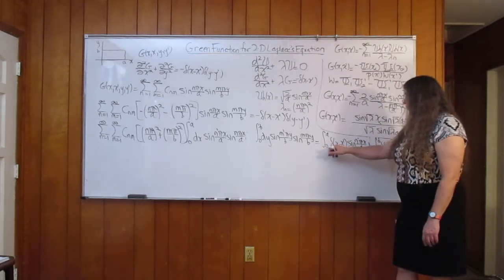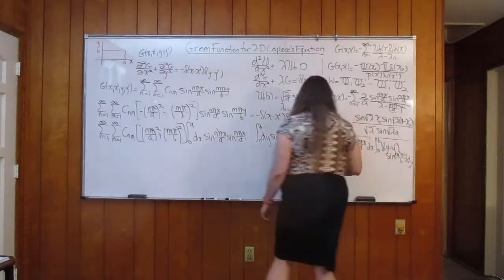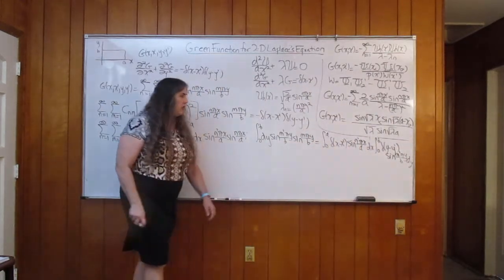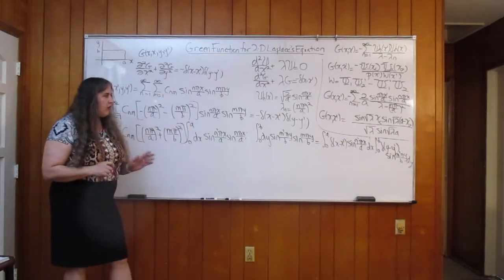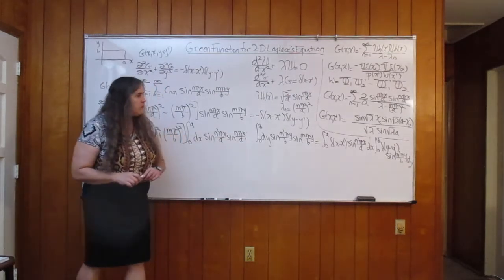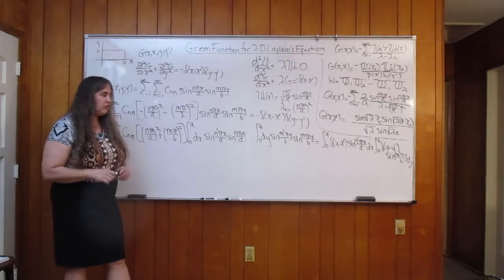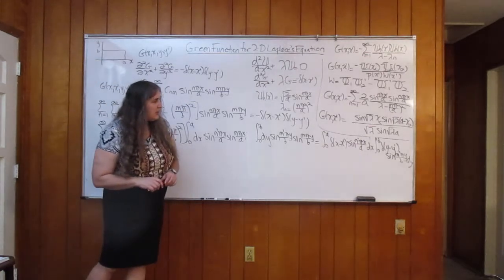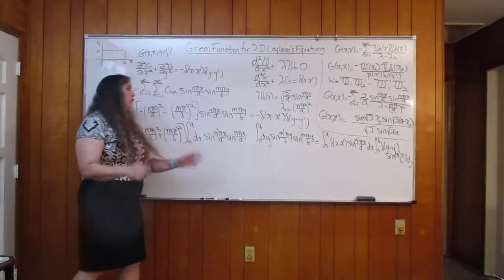and over the right-hand side, we've got the integral from 0 to a, delta function x minus x prime, sine n prime pi x over a dx, and integrating from 0 to b on the right side, delta function y minus y prime, sine m prime pi y over b.